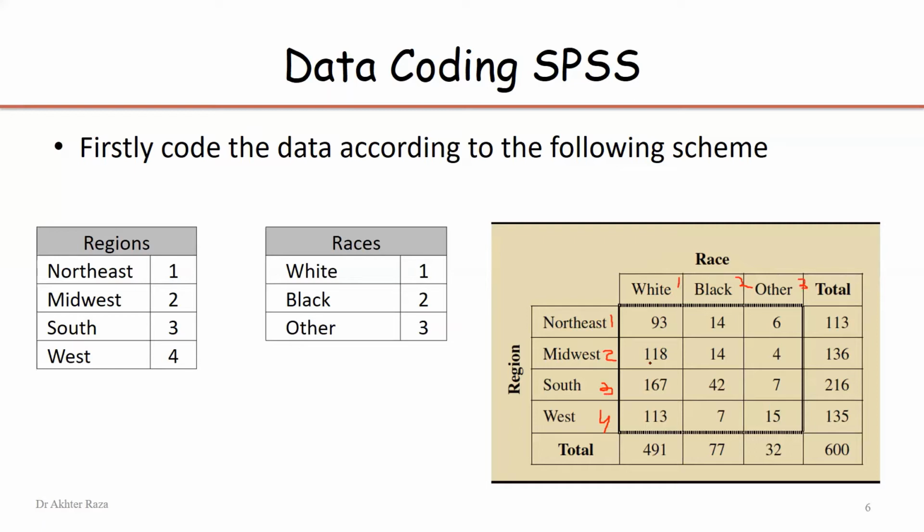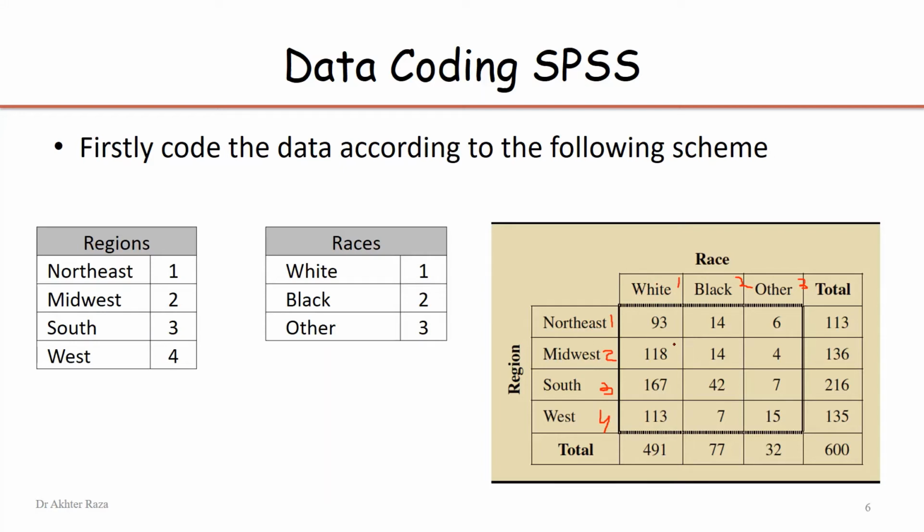Now, how many times do we have to create 1 and 1 in Excel? 93 times. Why? Because 93 people are living in the Northeast region who are white in race. 14 observations are to be considered in Excel having the numbers 1 and 2.